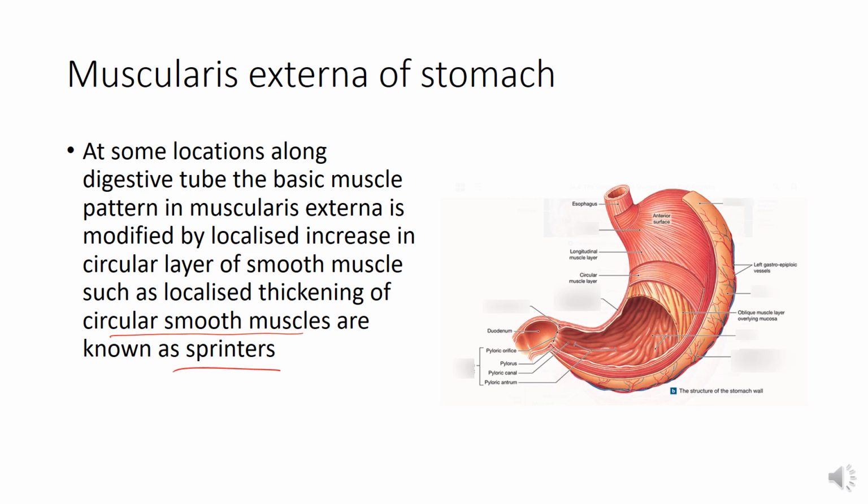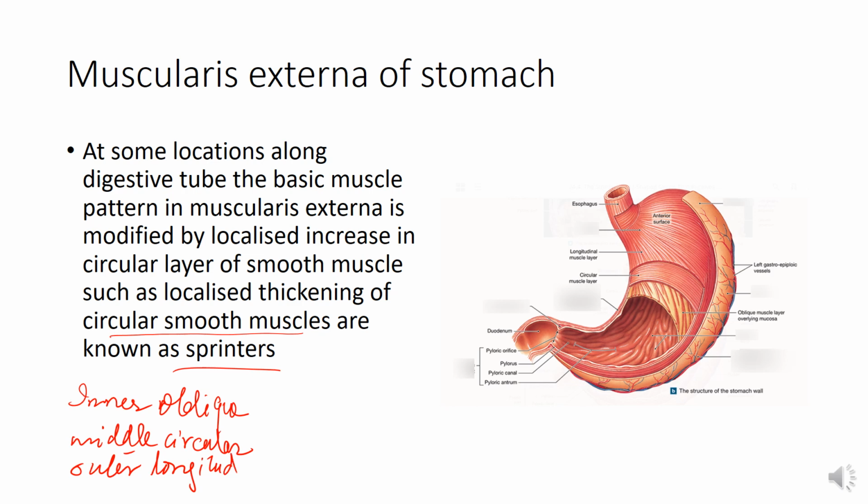Also the wall of the muscularis externa of the stomach contains 3 layers, not 2: inner oblique, middle circular, and outer longitudinal. Because stomach has to perform powerful churning movements, there are 3 layers in the muscularis externa of the stomach.